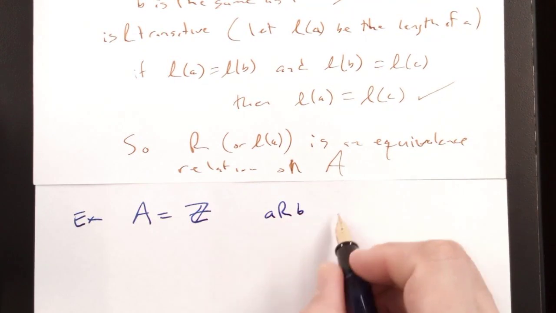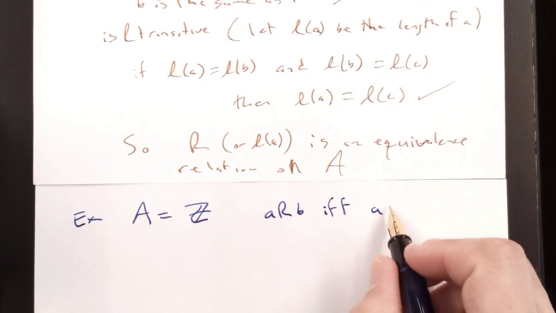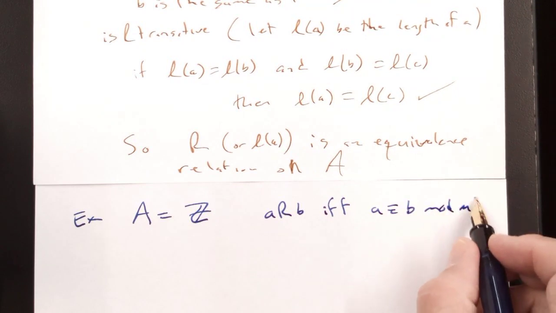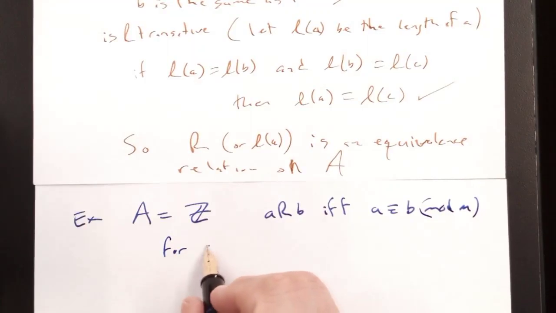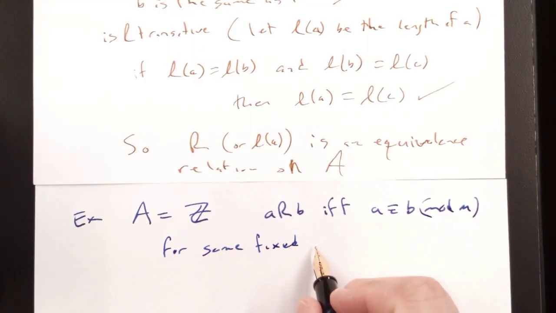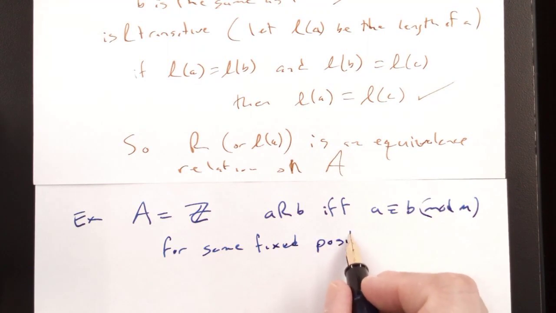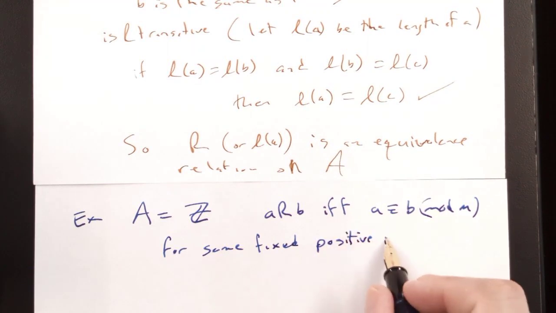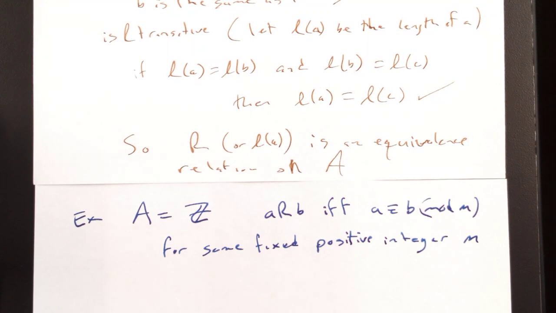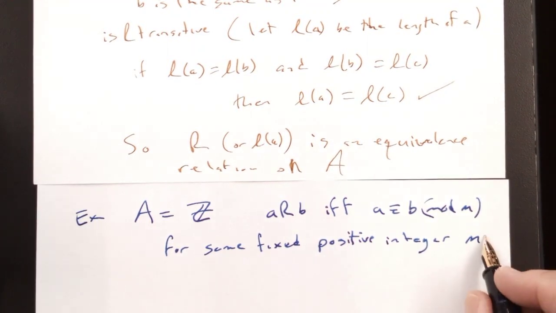A is related to B if and only if A is congruent to B mod M for some fixed positive integer M. Let's even go a step further, bigger than 1.